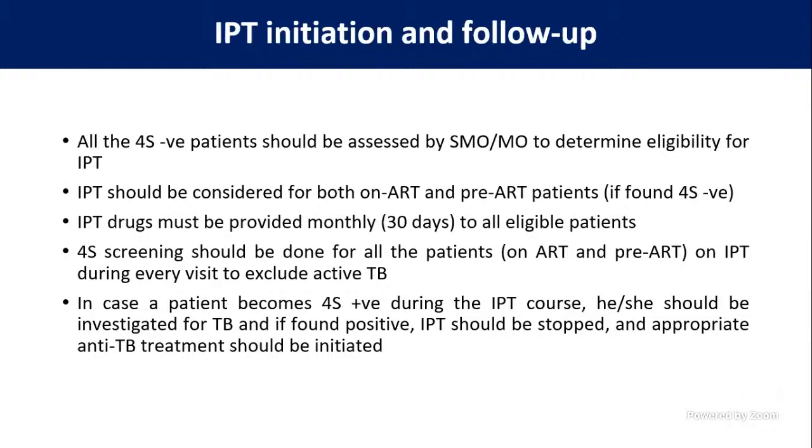And if at any point of time a patient has any of the 4 symptoms, then a thorough investigation into why the patient has these symptoms needs to be done. And if a patient turns out to be TB positive, this is known as breakthrough tuberculosis, and then we need to start the patient on active TB treatment.